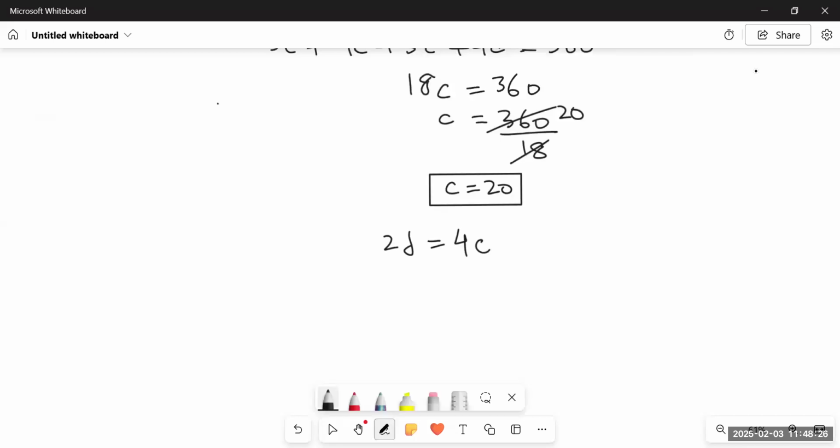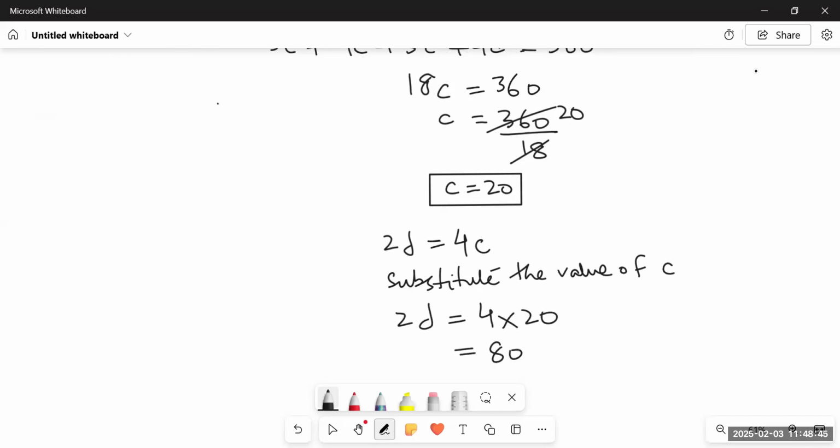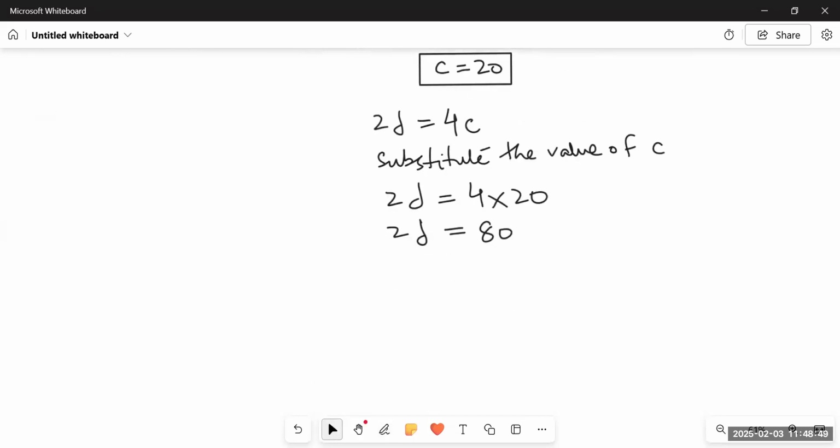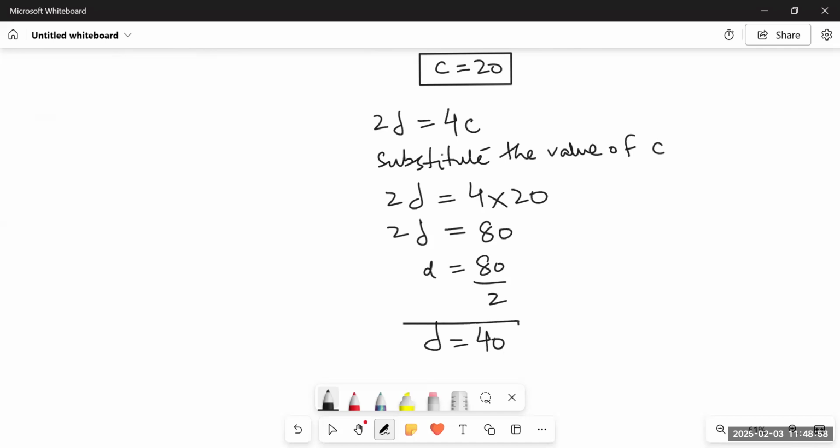So what we will do, we will substitute the value of C here. That is, we will put the value of C because we know the value of C now. So it will be 2D is equals to 4 multiplied by 20. 4 20s are 80. This would be 2D is equals to 80. So what will we do next? We will simply divide the value of D by 2 to get the value of D, which would be 40.